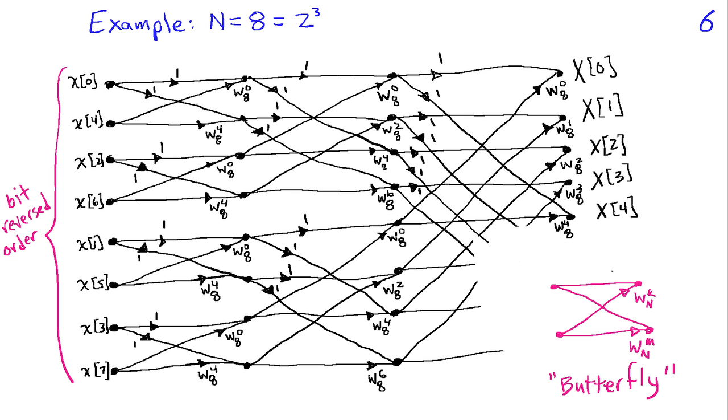MATLAB relies on it extensively anytime you do a DFT, and there's many variations on the DFT that apply to sequence lengths, for example, that are not powers of 2. They also apply to transforms involving cosines, like the discrete cosine transform. You can do similar kinds of things. So it's a pretty fundamental tool in signal processing.